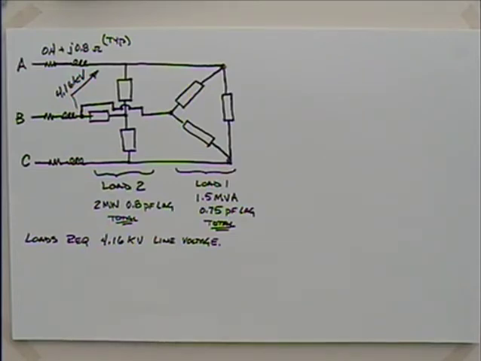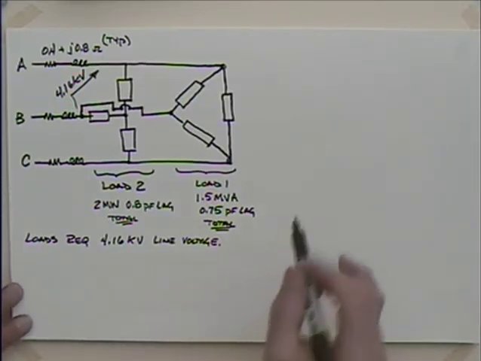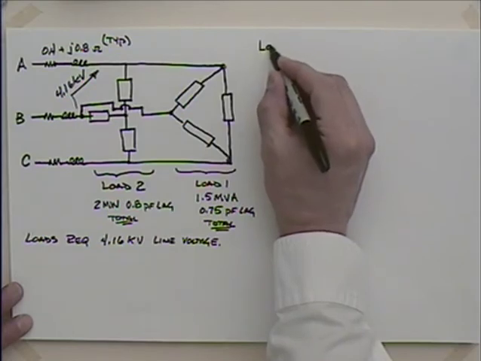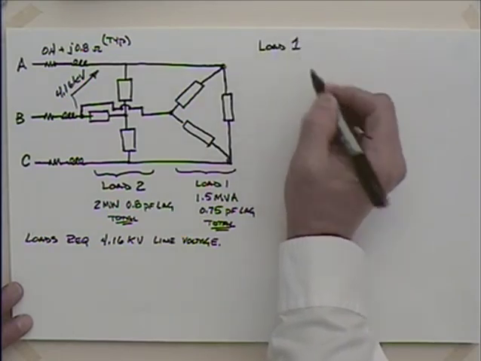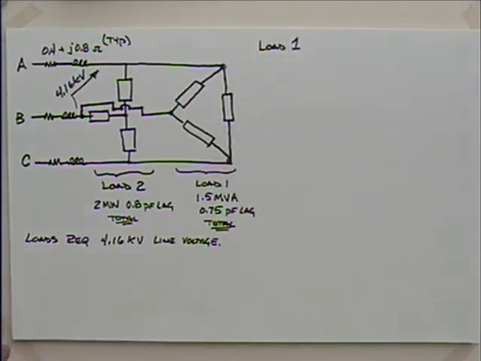So we've been given a lot of information in power. Maybe we'll explore that a little bit. So looking at load number 1. I haven't even talked about what we're looking for, but let's inventory what we have here.